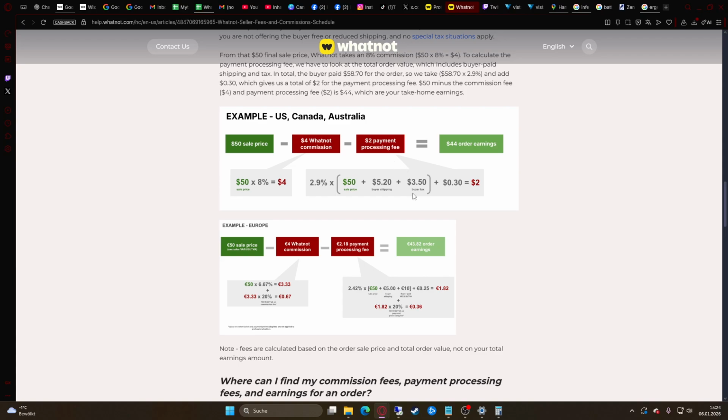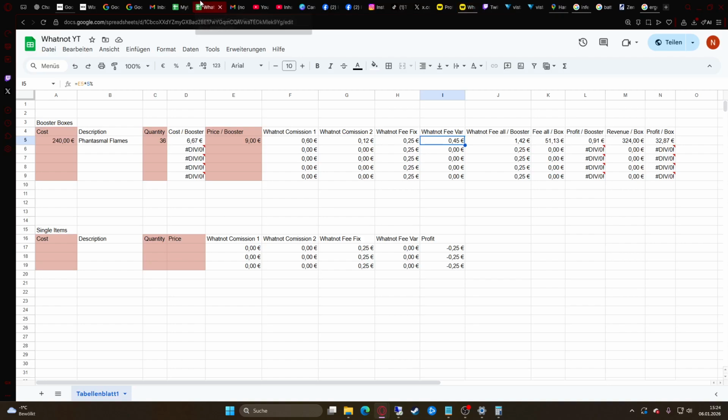You also may not know the buyer tax, depending on the state or the country they live in, it may vary. So to calculate this whole thing, I just used a flat 5% to get somewhere. So 5% is a little bit more than it actually is in the end. In this example, it's 45 cents.